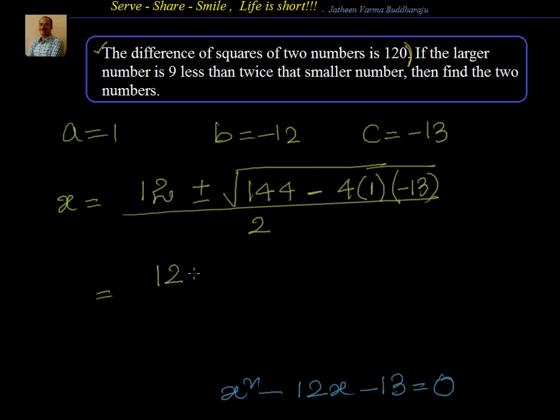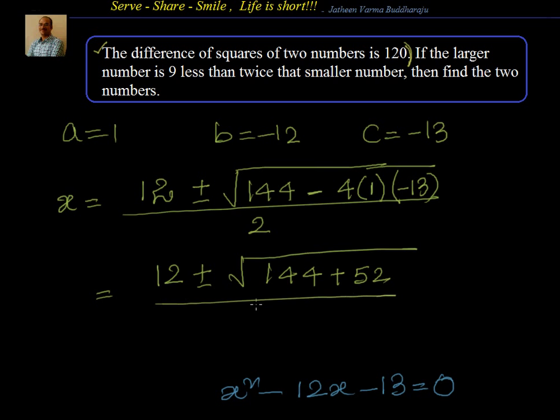Let us simplify this. 12 plus or minus square root of 144, then minus into minus is plus, 4 into 13 is 52, divided by 2. That's nothing but 12 plus or minus square root of 144 plus 52, which is 196. Square root of that is 14, divided by 2.